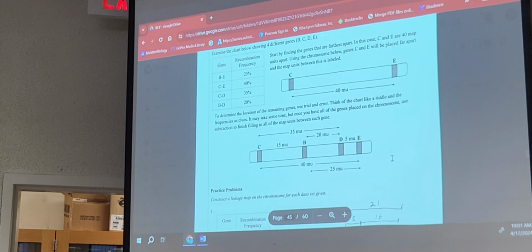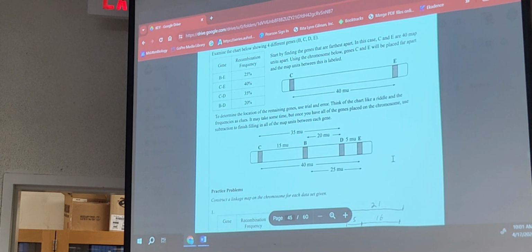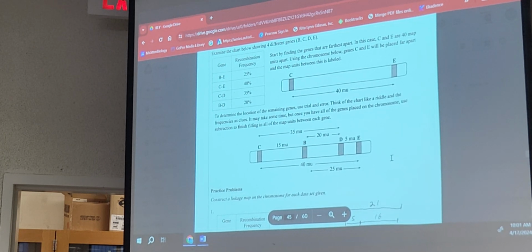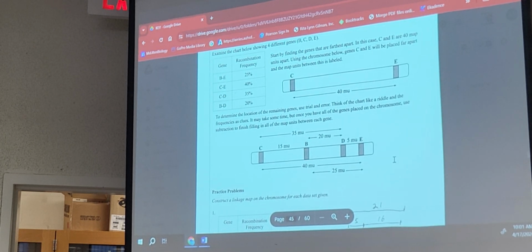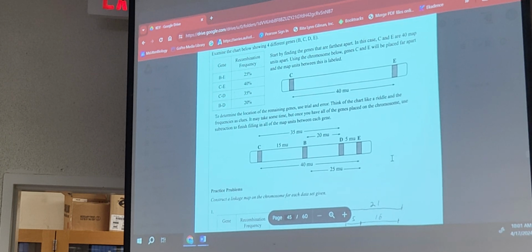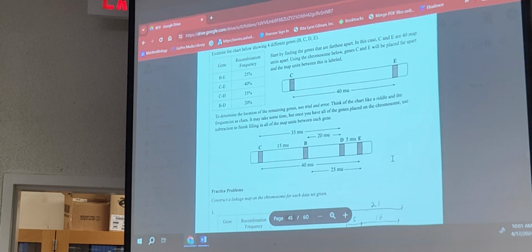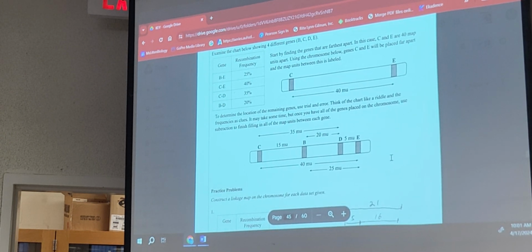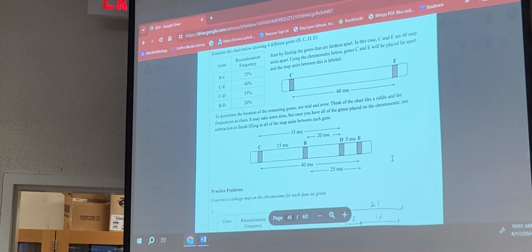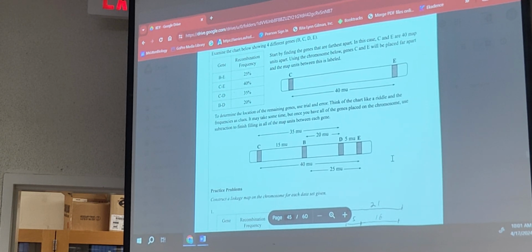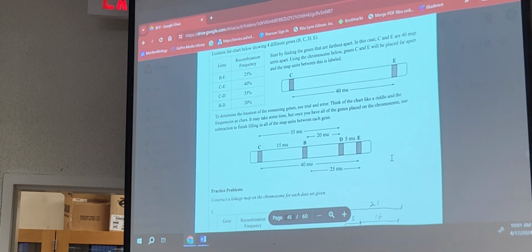Let's take this one out. You've got to ask yourself, we know this. Now, what are the combinations then?